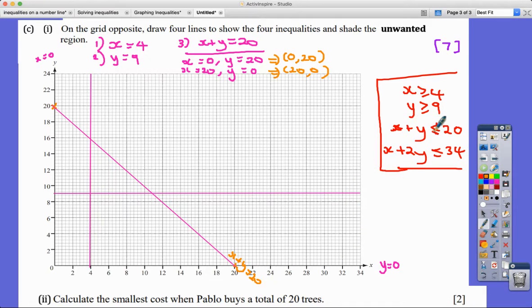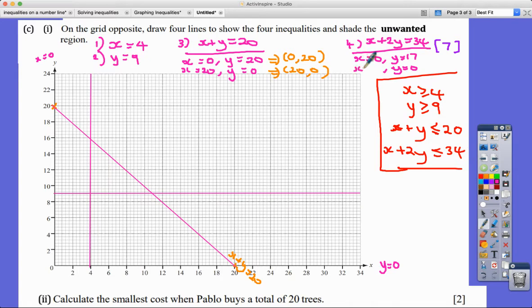And the last one we've got is a similar idea. I'm going to approach it in the same way, so x plus 2y equals 34. If x were equal to 0, what would the y have to be? It would have to be 17. And if y were equal to 0, what would the x have to be?